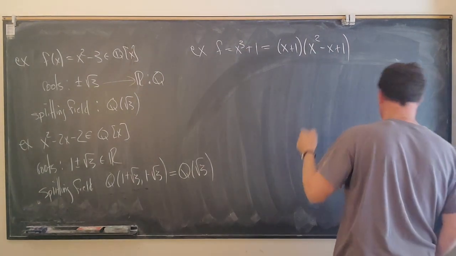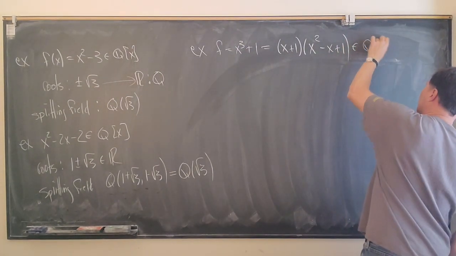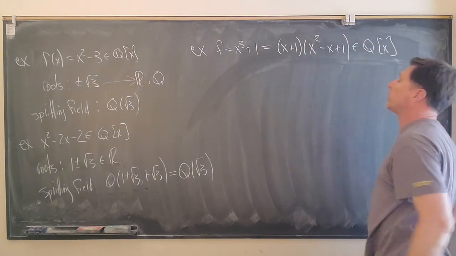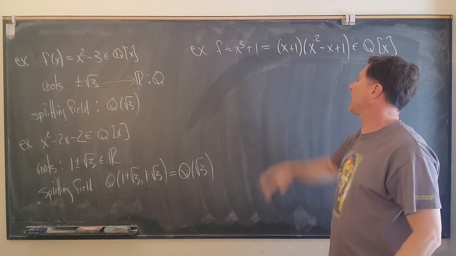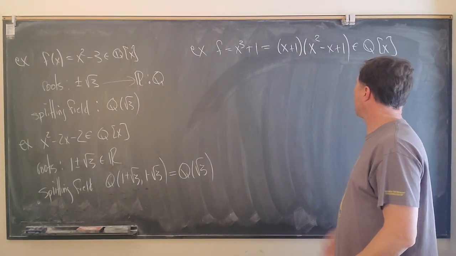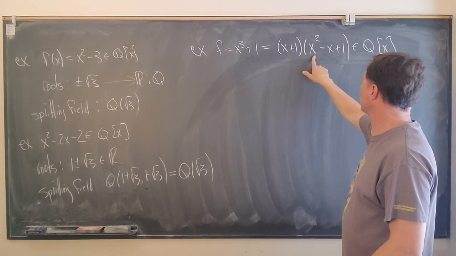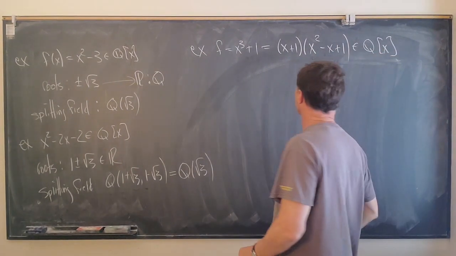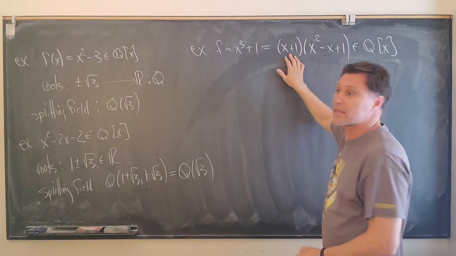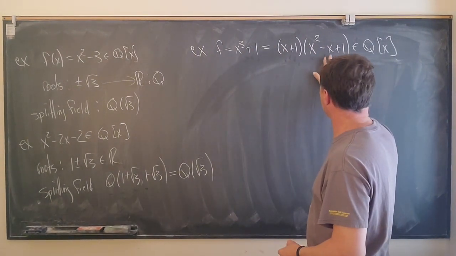So here's a factorization over Q, which tells us that this polynomial is not irreducible. And so then what we want to do is look at this portion right here, because we obviously don't need to adjoin minus 1 to Q. So what we're worried about are the roots here.